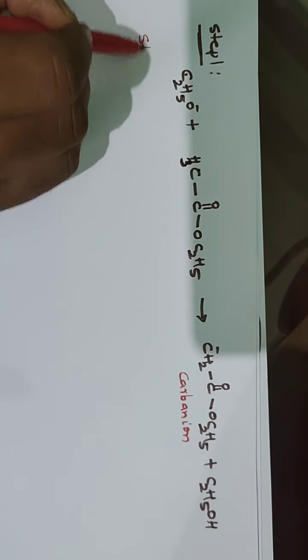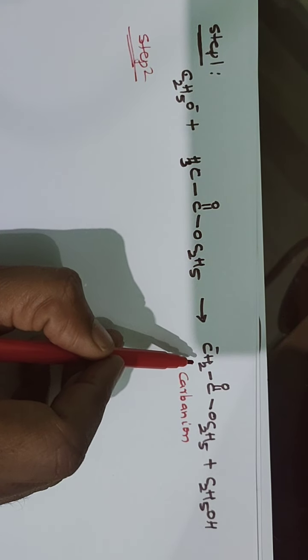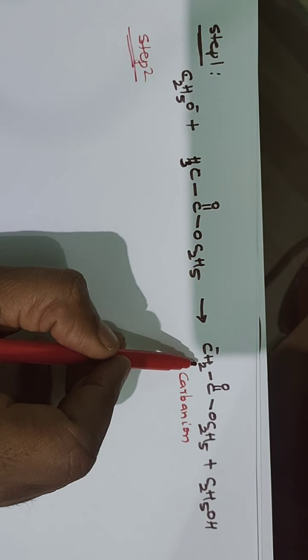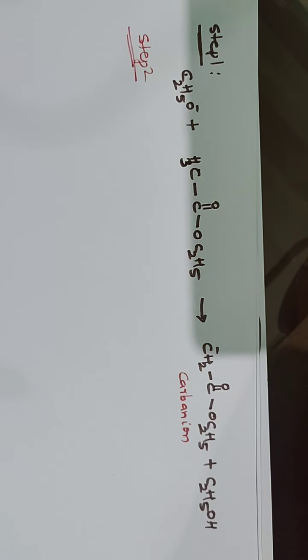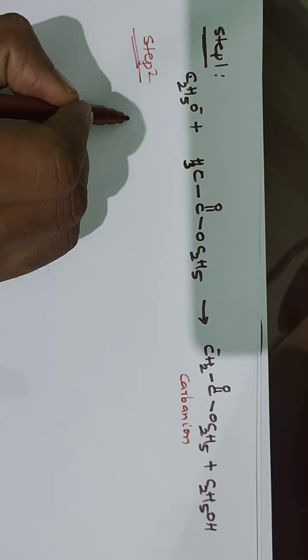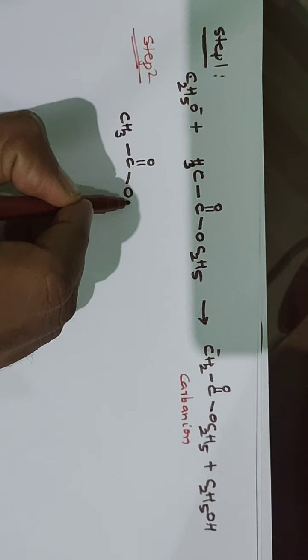In step 2, this carbanion that is generated will attack another molecule of ethyl acetate. I will write another molecule of ethyl acetate, CH3C=O OC2H5.